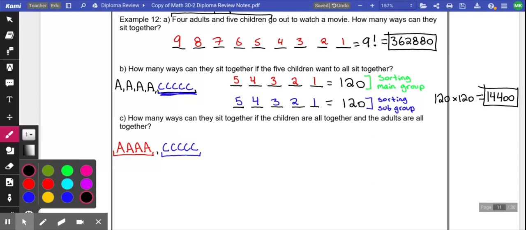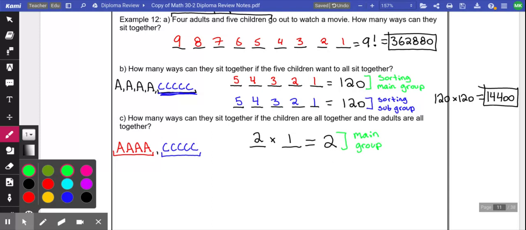I have all the children and all the adults. That means there's 2 spots, 2 times 1. That's me choosing whether the adults sit first or the children sit first, and then who sits second. I call that sorting the main group. That's everything together.